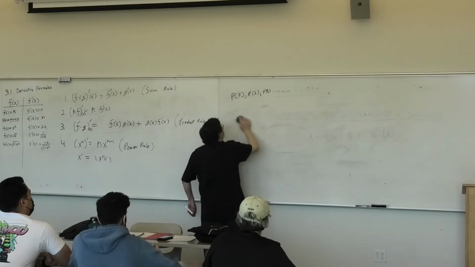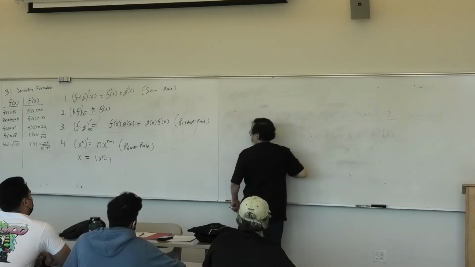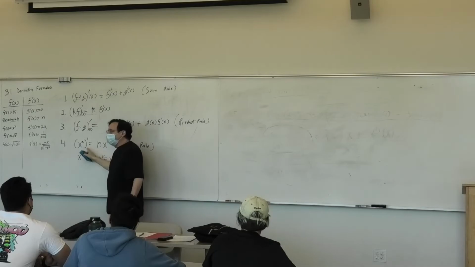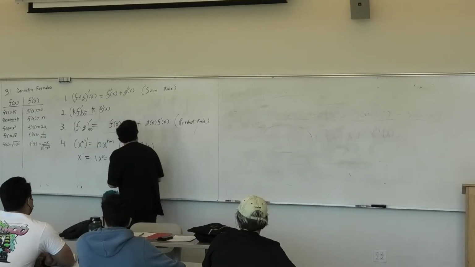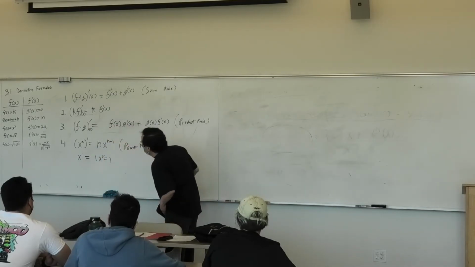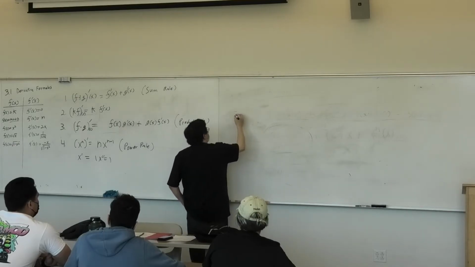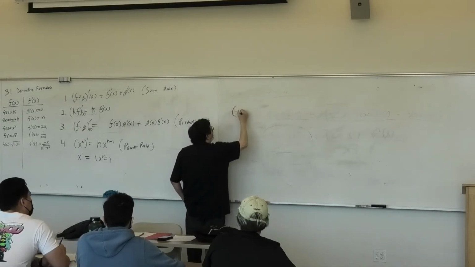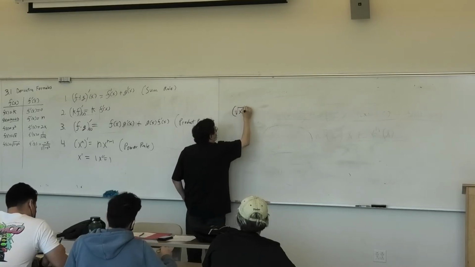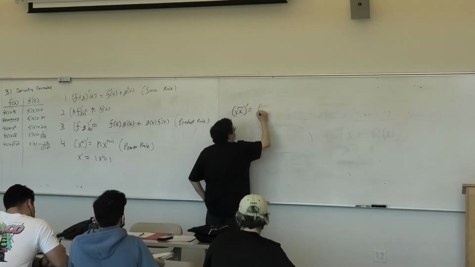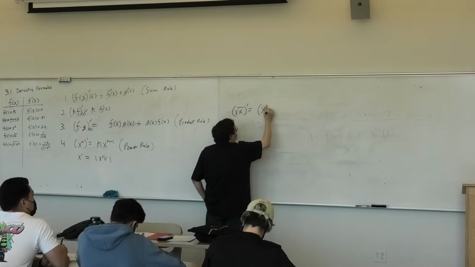You always see the power rule written this way with n. But look at the derivative of the square root of x. That's really the derivative of x to the 1 half.